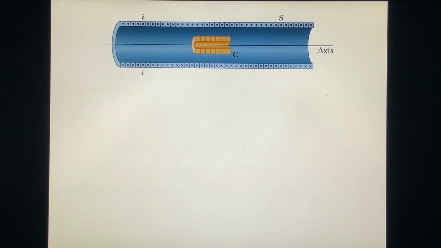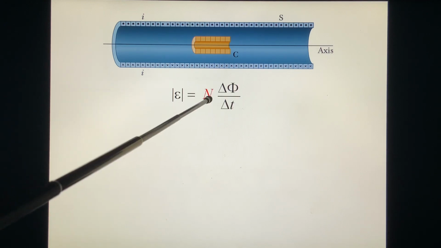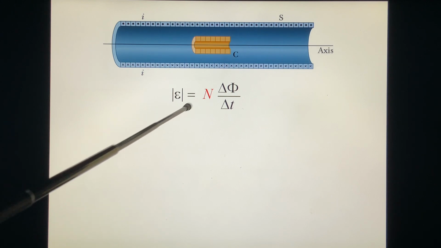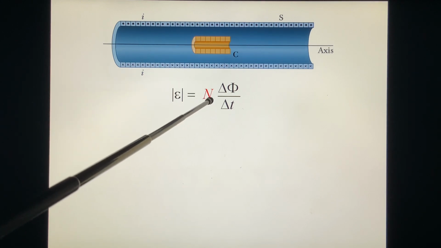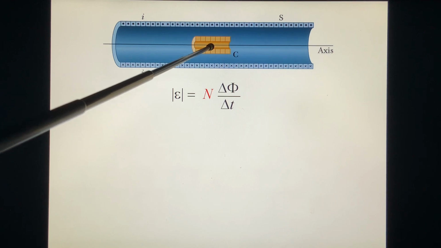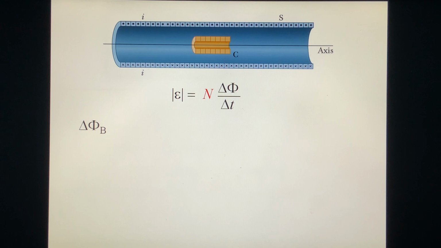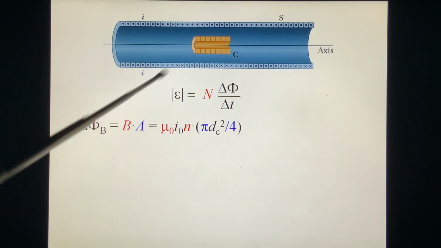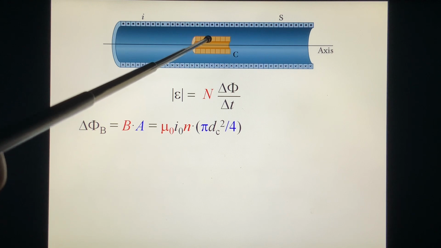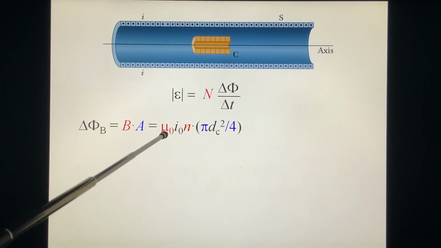In 25 milliseconds, we have an induced electromotive force. Here N is the number of turns of this coil, where we want to find the EMF. Now this B is the magnetic field produced by the solenoid. It's mu0 I n, as we learned before.